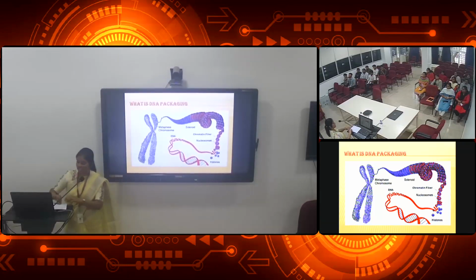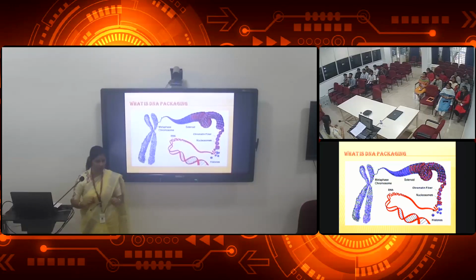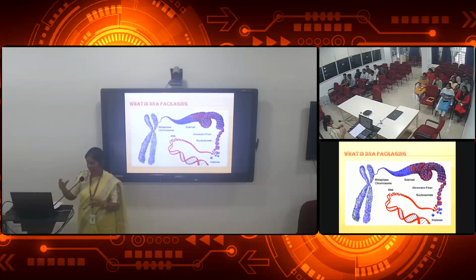This DNA packaging occurs in 3 orders. 3 ஆர்டர்ல வந்து அந்த DNA packaging வந்து நடக்கும். The first order of DNA packaging is the nucleosome. The second order is the solenoid fiber.